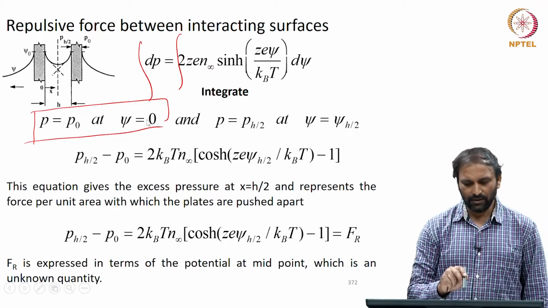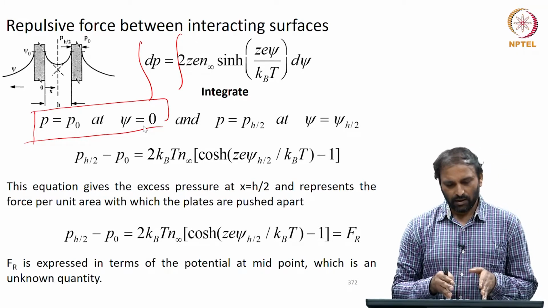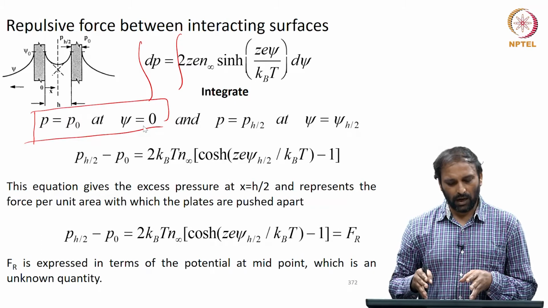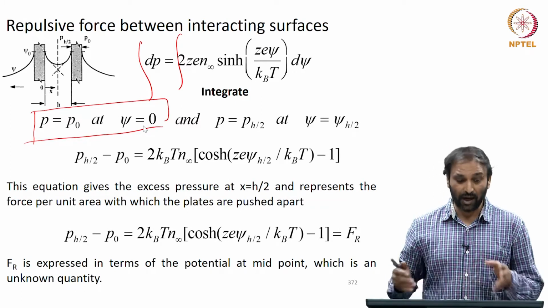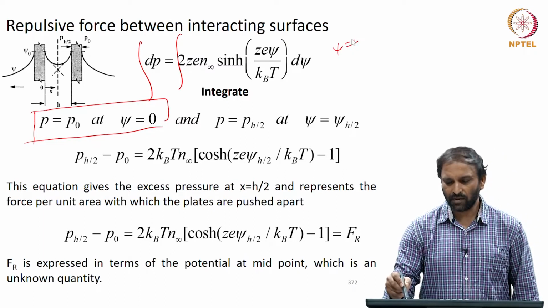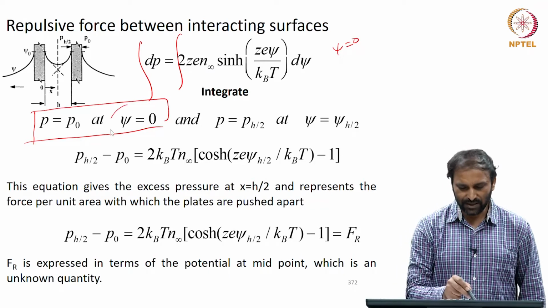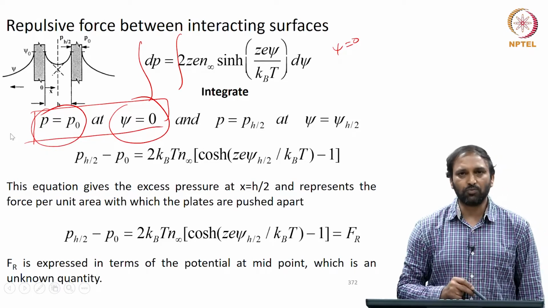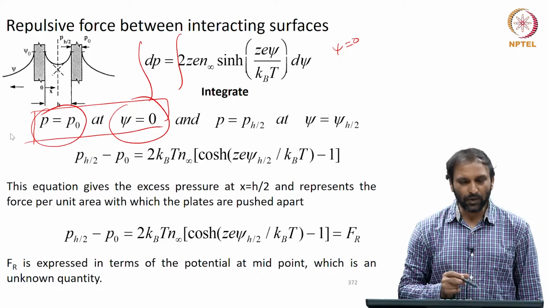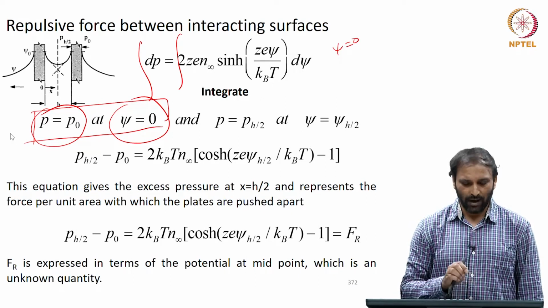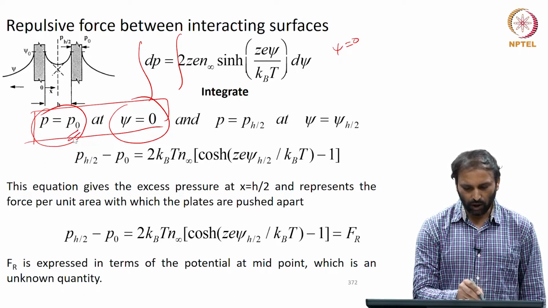When we consider the potential at a very large distance from the surface, we know that the potential would be 0, that is psi is equal to 0, and at that location the osmotic pressure, which is proportional to the concentration of ions at that location, is P naught.